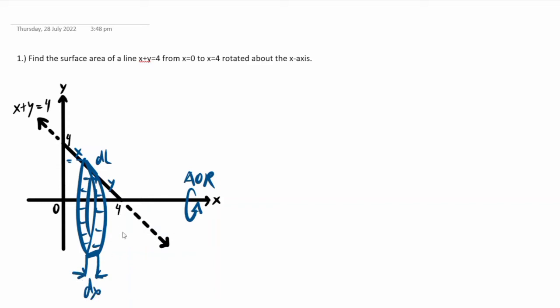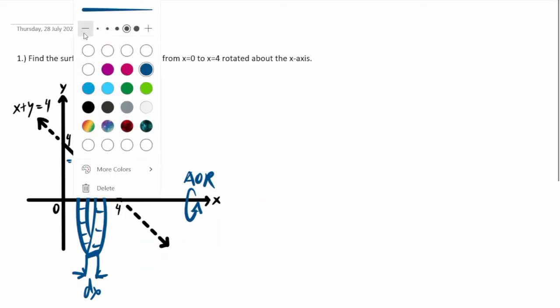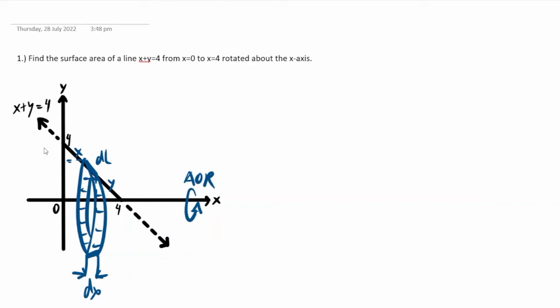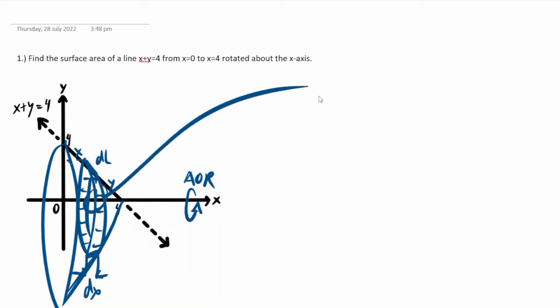This here is the opening of the shell, up to here, since it's on the x-axis. So what we made here is a cone. This is a cone here, as you can see.